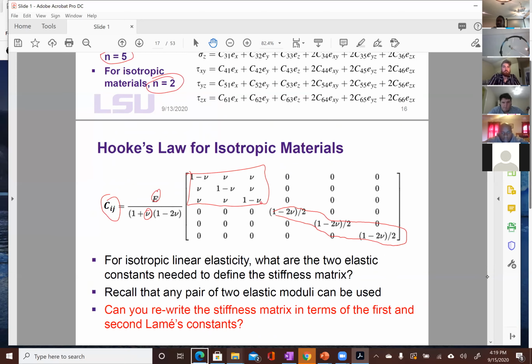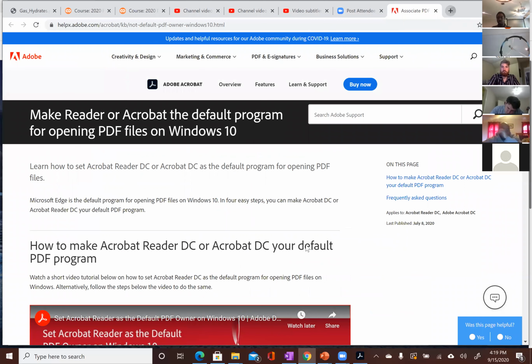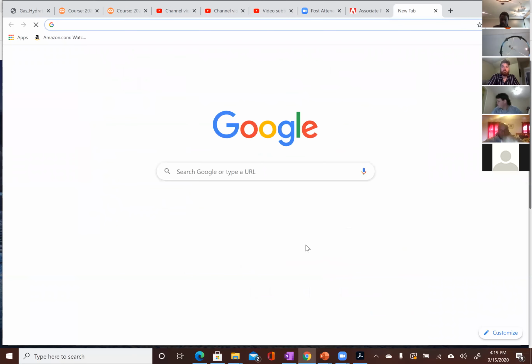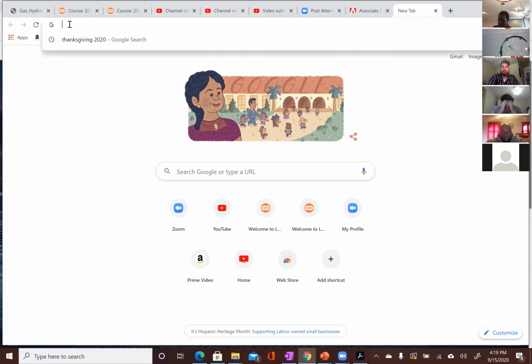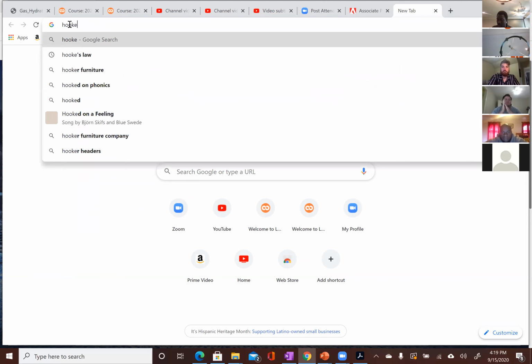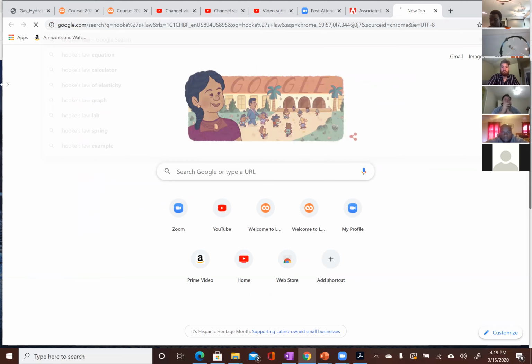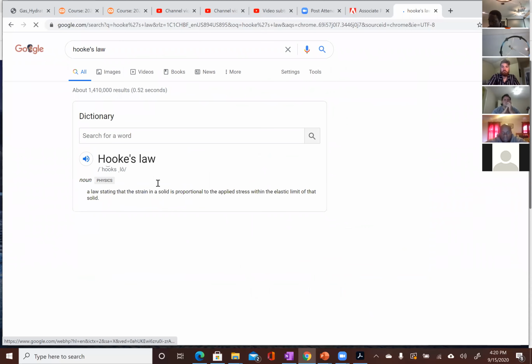And again, you can use any 2. I mentioned in the video that I will show how to convert from any 2 to any 2. That's really very straightforward. Just Google Hooke's law and choose the result that comes out. There is nothing to it, that's why I don't even bother trying to cover it here.